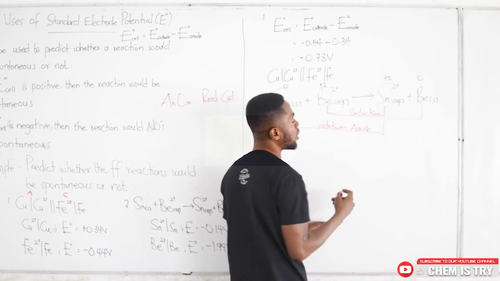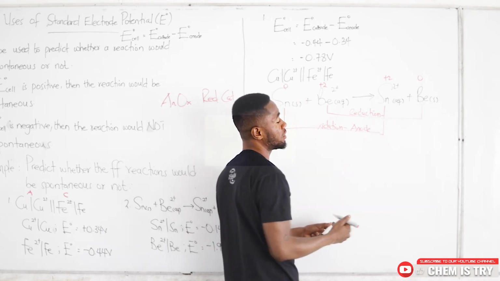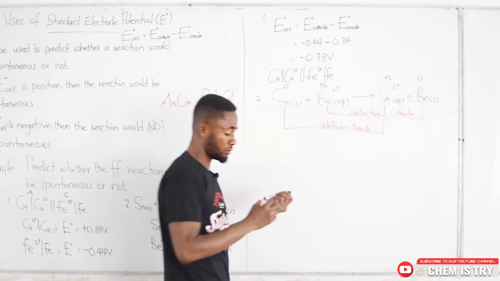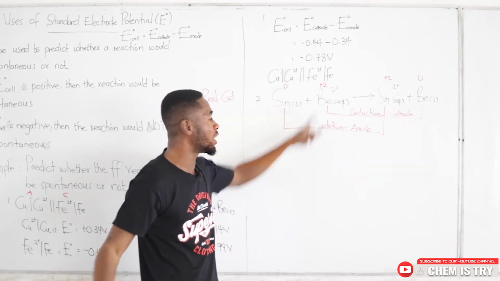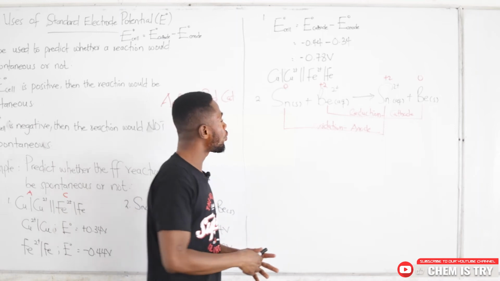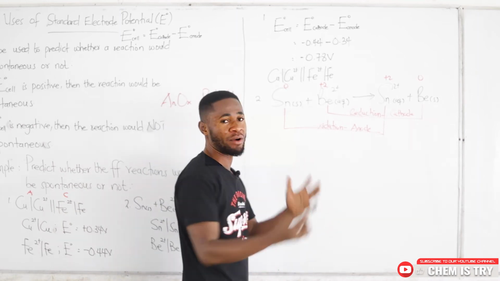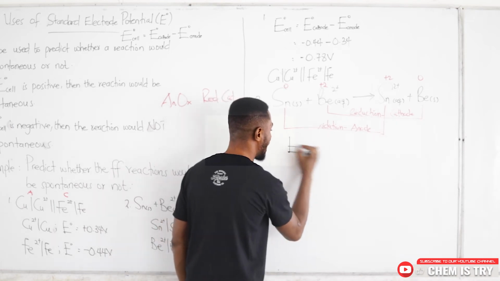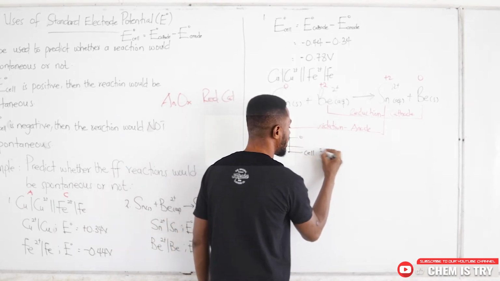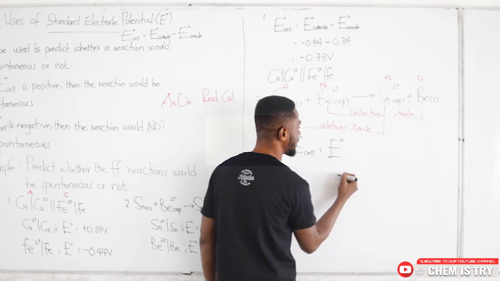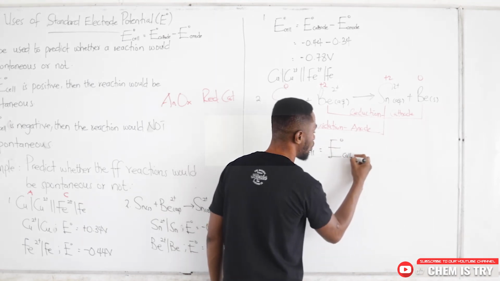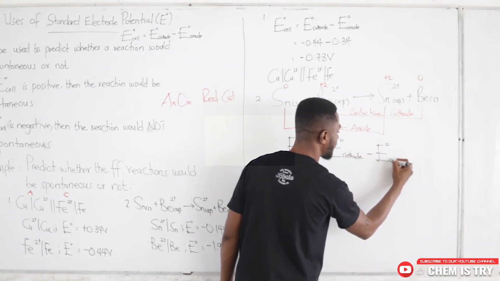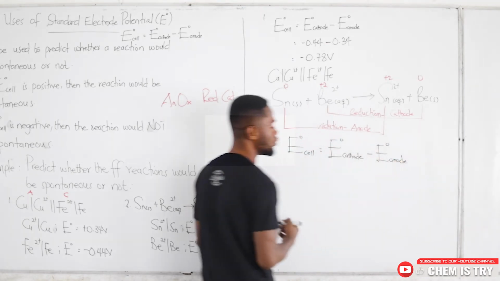And what did we call the reduction half cell? The cathode. So from this equation, we've deduced what our anode is and what our cathode is. Our EMF of this cell will be equal to the standard reduction potential of the cathode minus the standard reduction potential of the anode.